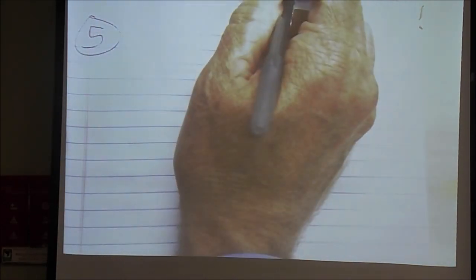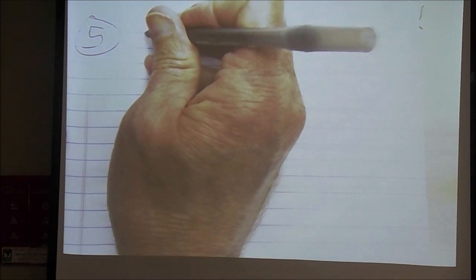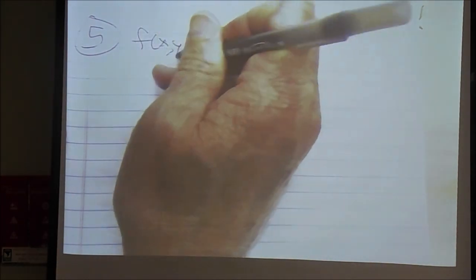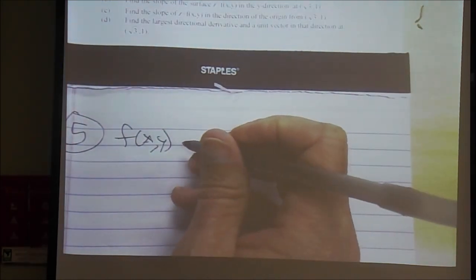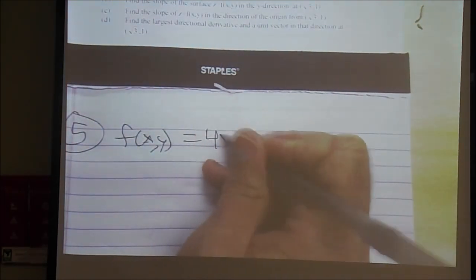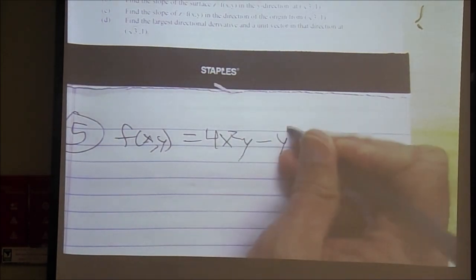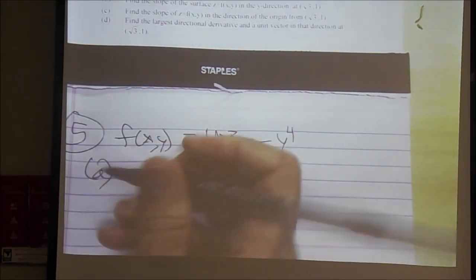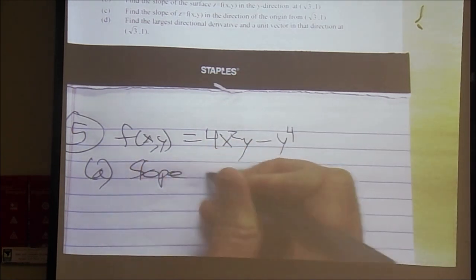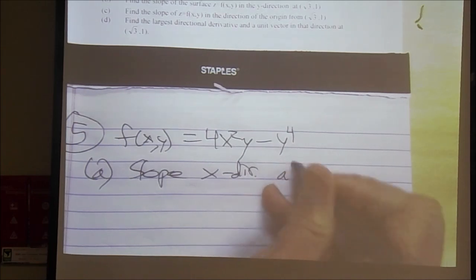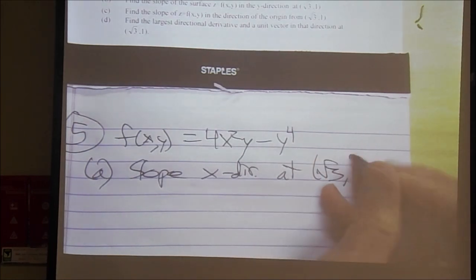Now, number 5, let's find the slope of the surface in the x direction here. If f of x, y is equal to 4x squared y minus y to the 4th, what's the slope in the x direction at the point square root 3, 1?